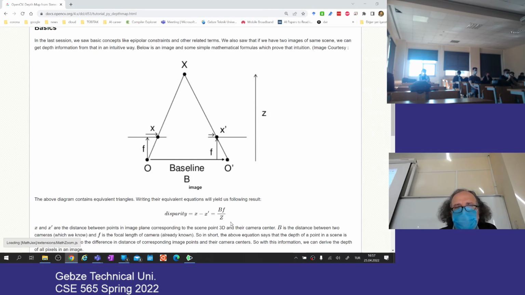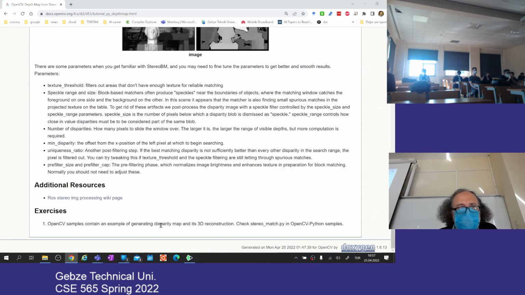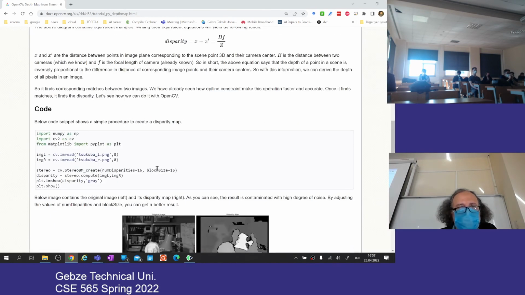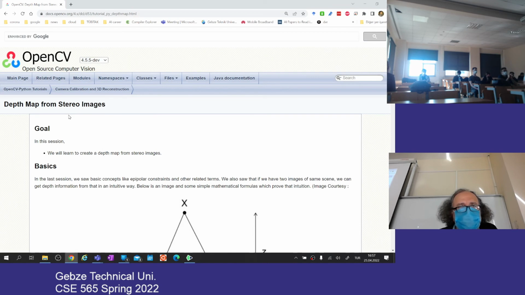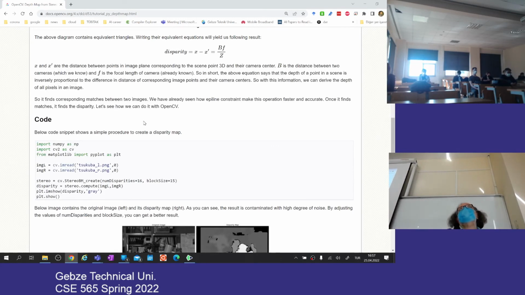Z is, we already know this one. There is a disparity image, and this is the corresponding one. It computes the disparity. But what happens after disparity? Couldn't find it, sorry. There should be a function given the disparity and the camera calibration parameters for a stereo pair.